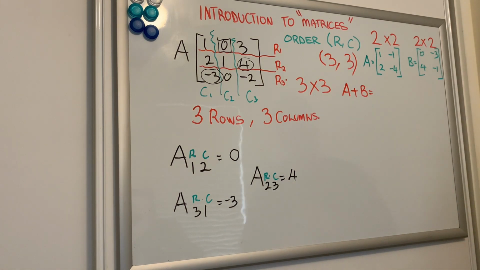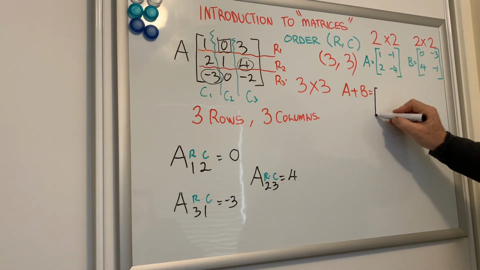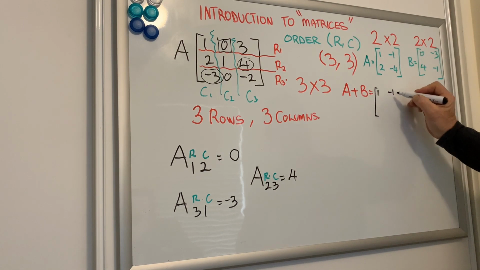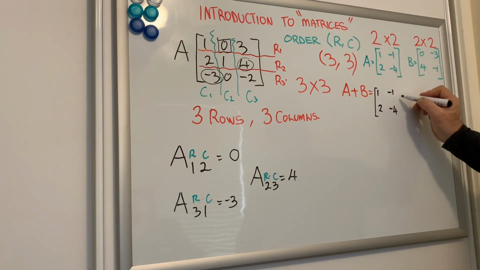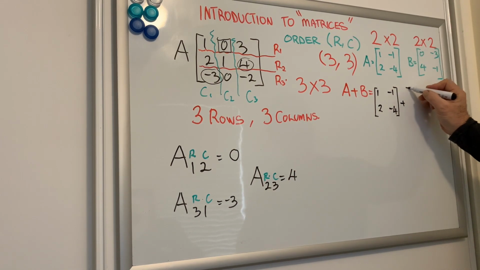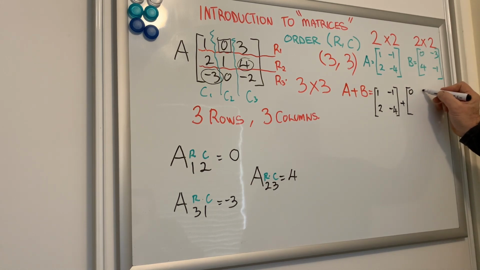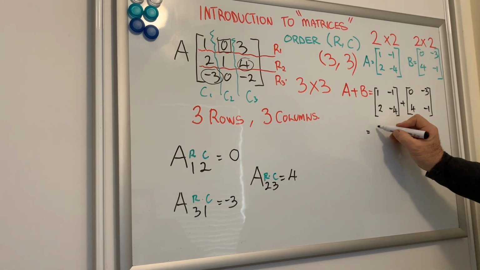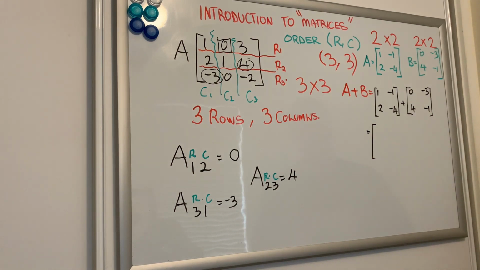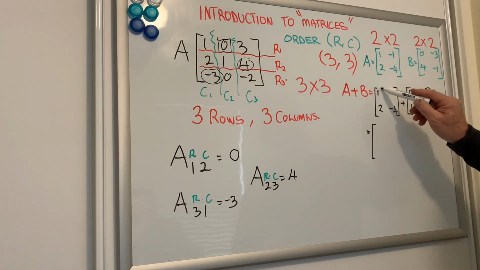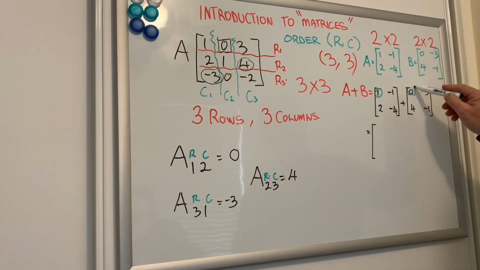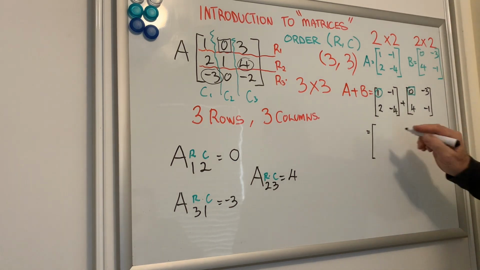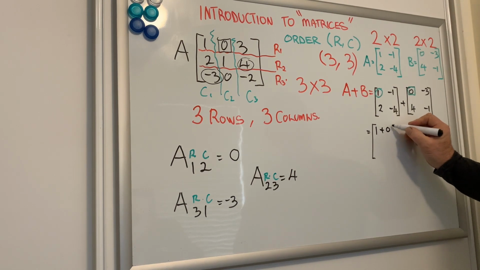So if we have a look at A plus B, we've got 1, minus 1, 2, minus 4 plus 0, minus 3, 4 and minus 1 is equal to, now we're going to say 1 plus 0.